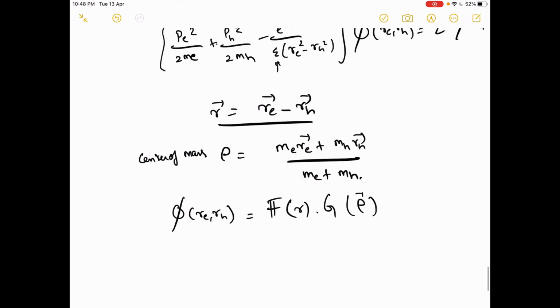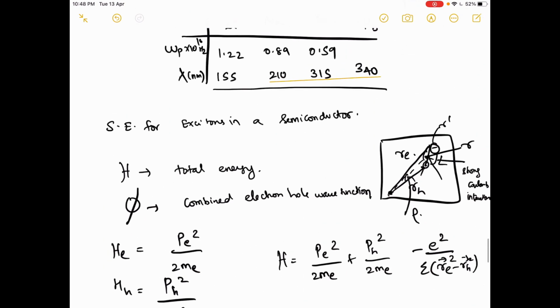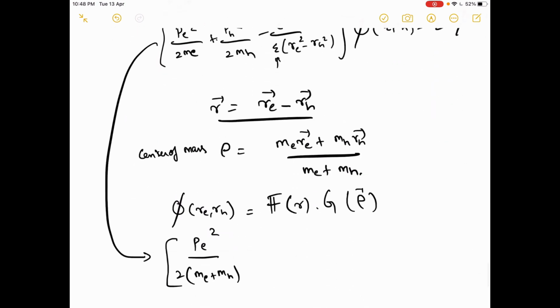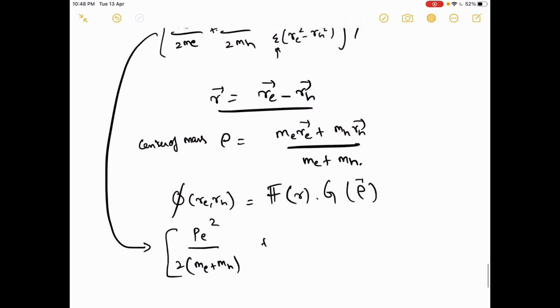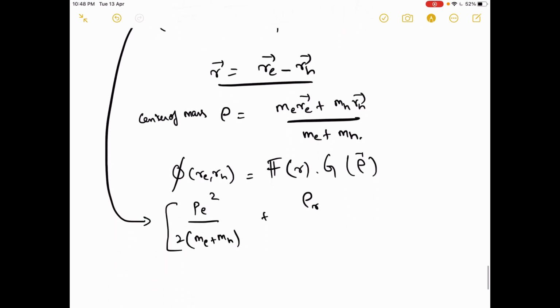And let's take this equation, and if I write this, I will get p rho square by twice me plus mh. This is the total center of mass, right? The center of mass now moves with the total mass of electron and hole, and the momentum of the total electron plus hole, plus the individual particle now moves with p r square by 2mr. What is the mass of this relative motion?